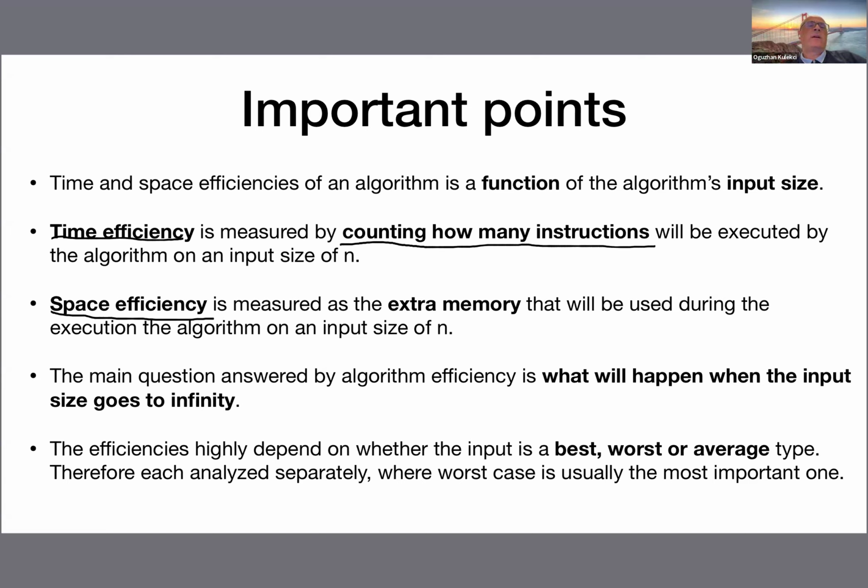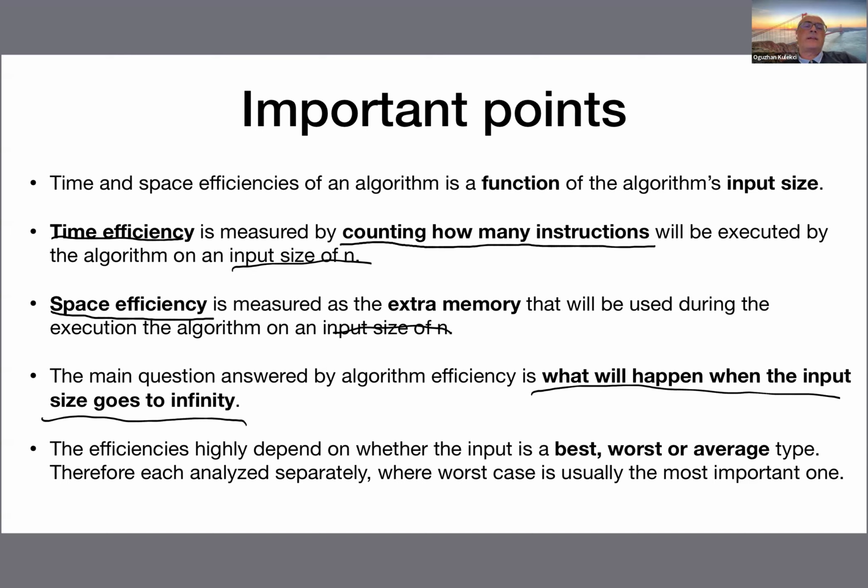And we have the space efficiency, which is the extra memory that I will need during the execution, and both of them are functions of the input size n. With this theoretical analysis, what we will be providing is what will happen when the input size goes to infinity. This is the main question we are curious about.